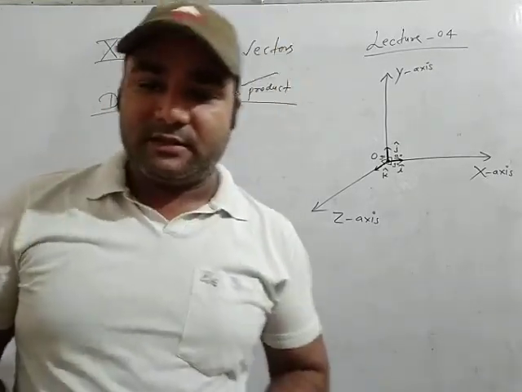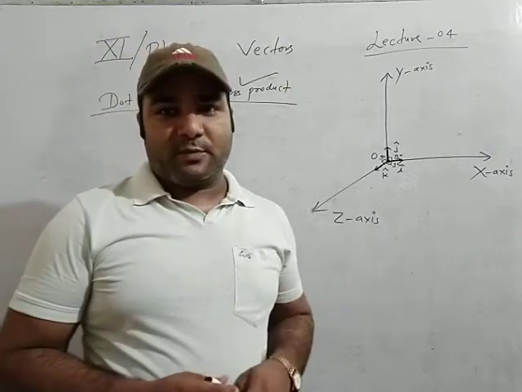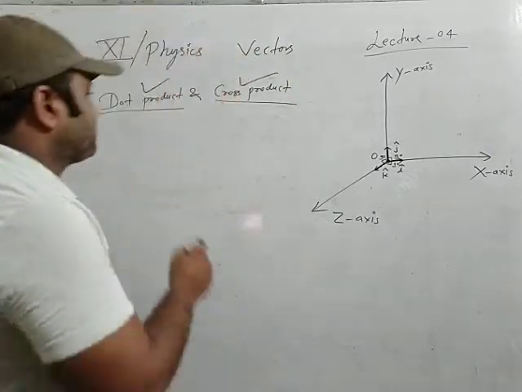Just see, after the explanation about dot product, the next one is what? Cross product.